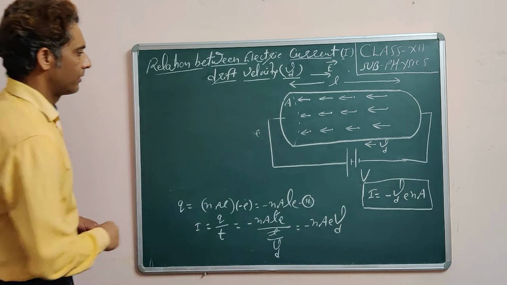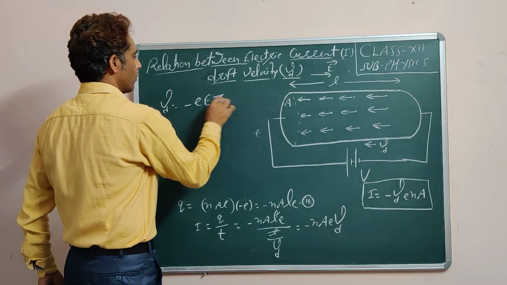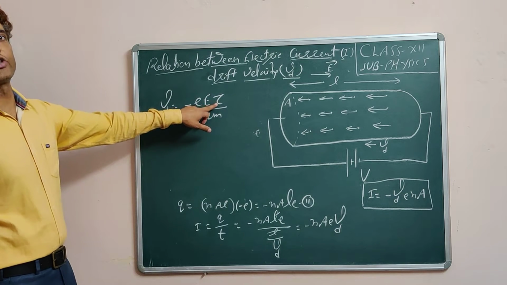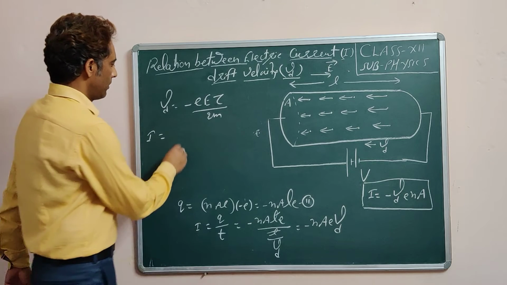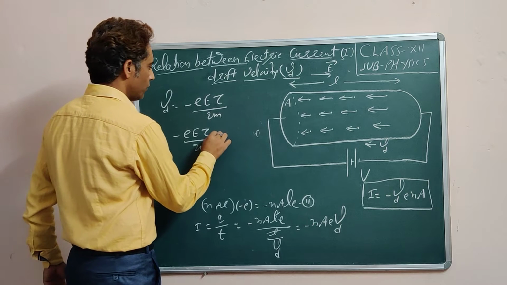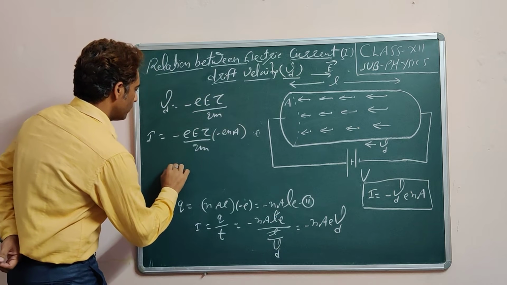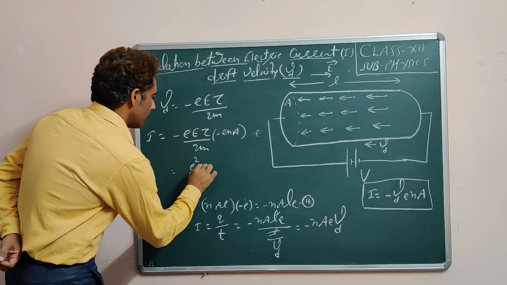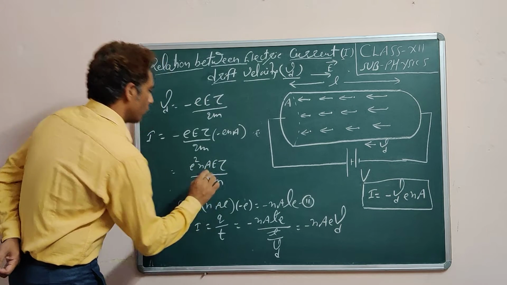If we write the expression for Vd, we know that Vd is equal to minus E tau over 2m. This tau is average relaxation time. Then this I will be equal to minus E tau over 2m into minus e N A, or that will be equal to e square N A E tau over 2m.